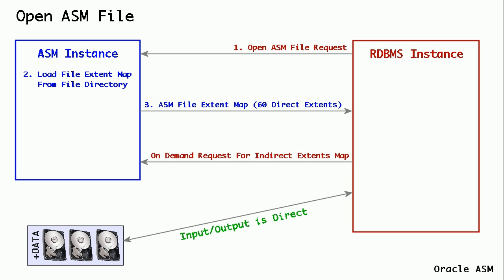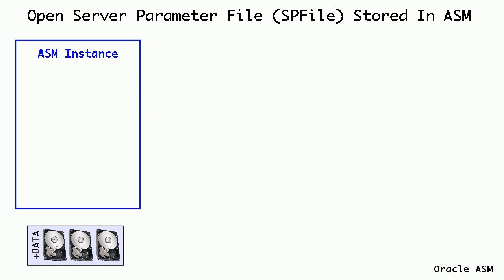Now, let us take a look at how database can open server parameter file, which is stored in ASM disk groups during database instance startup. This is a special scenario because system global area for the database instance does not exist to hold file extend map.